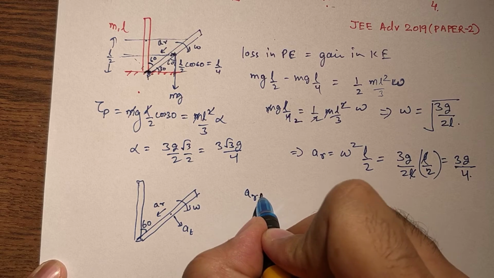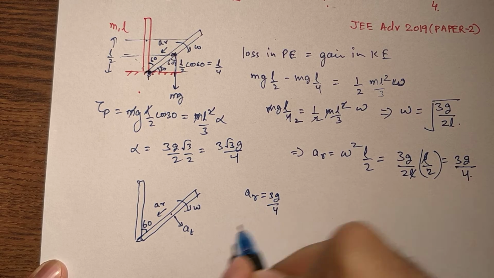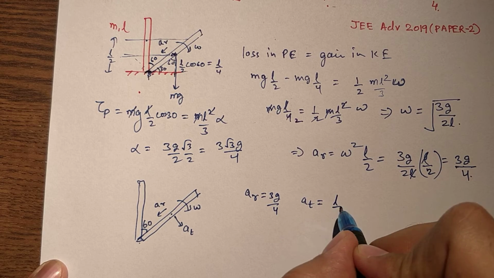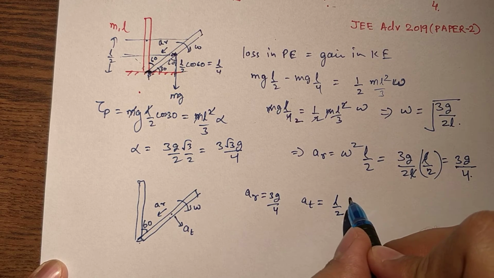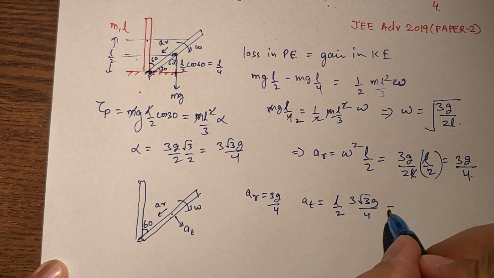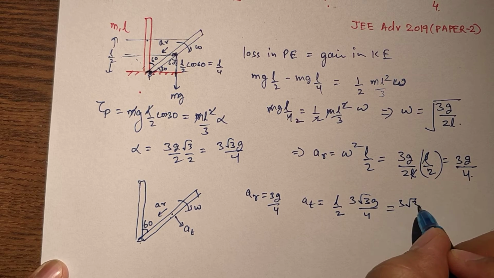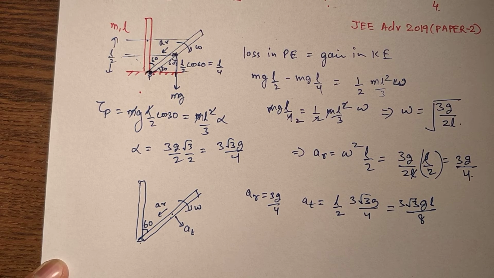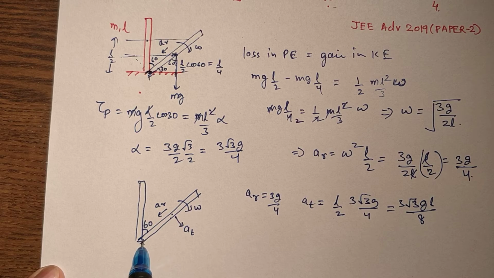Radial acceleration we have already calculated, 3g by 4. Tangential acceleration will be r alpha, where r is L by 2 and alpha we have calculated as 3 root 3 g by 4L. So this is 3 root 3 g by 8, which is AT.